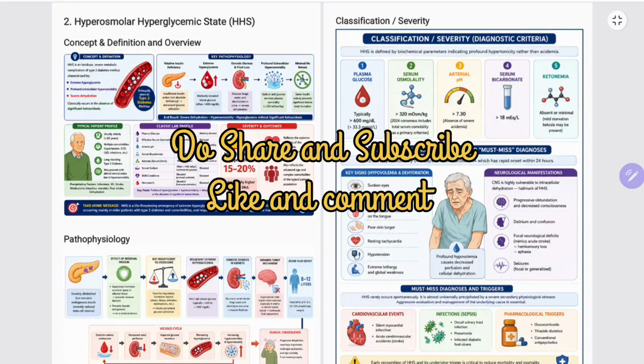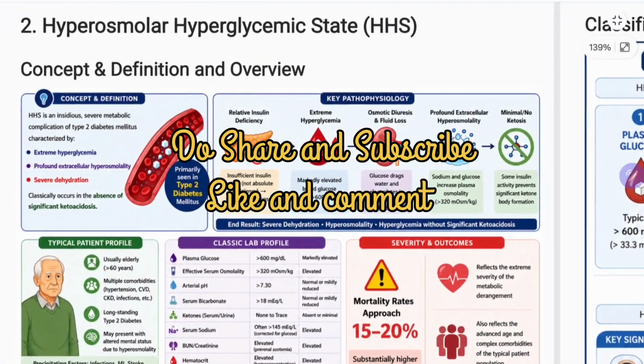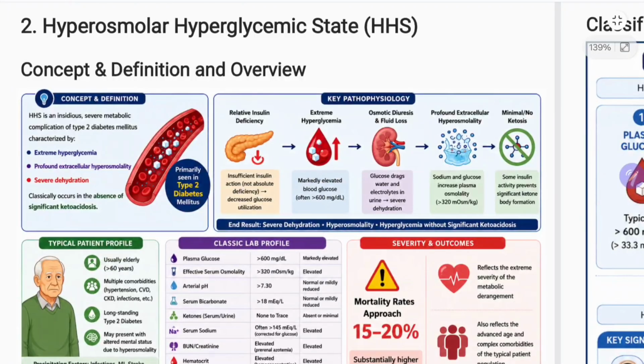Let us learn today about the second acute complication of type 2 diabetes mellitus in particular. Okay, so let's begin with the name of Almighty. So the second complication is hyperosmolar hyperglycemic state. The key criteria for diagnosis lies in the definition only.